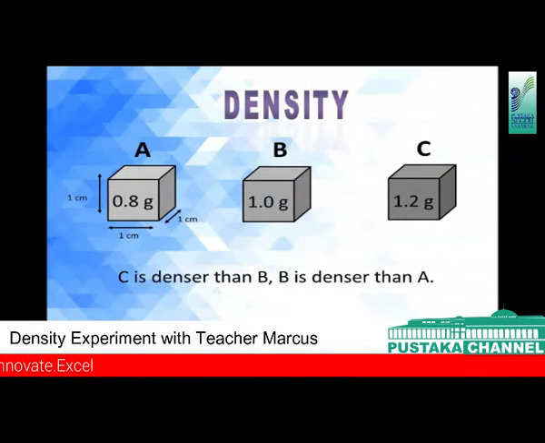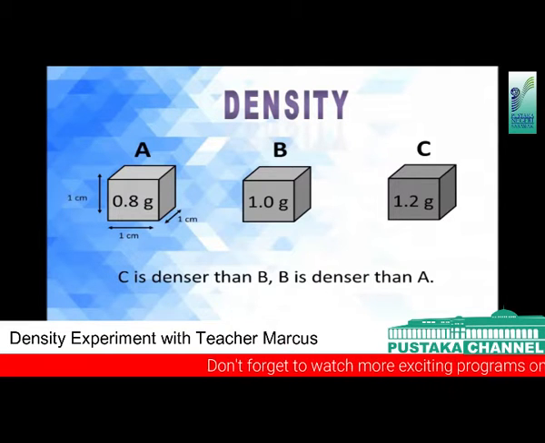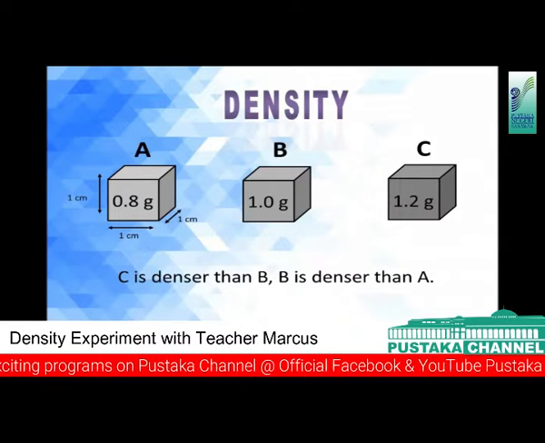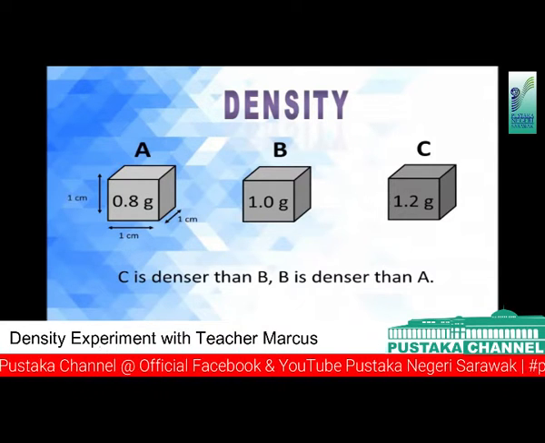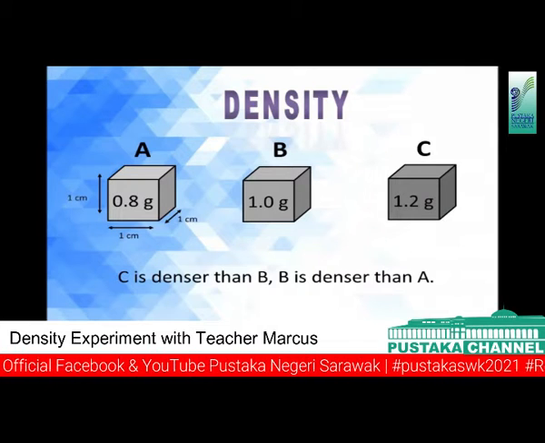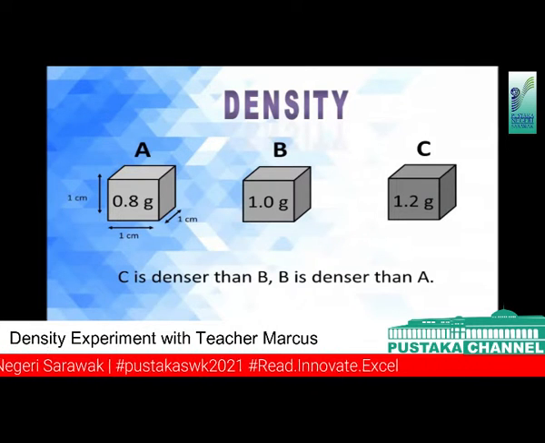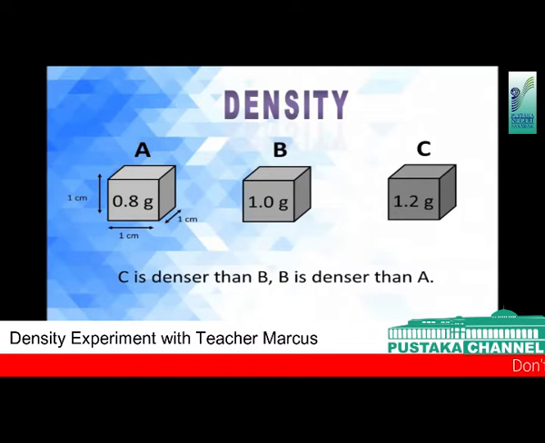What is density? Density is the amount of matter in a specific area. In this picture, I have three different objects, object A, B, and C. All three objects are the same size, 1 cm by 1 cm by 1 cm, but their weight is different.